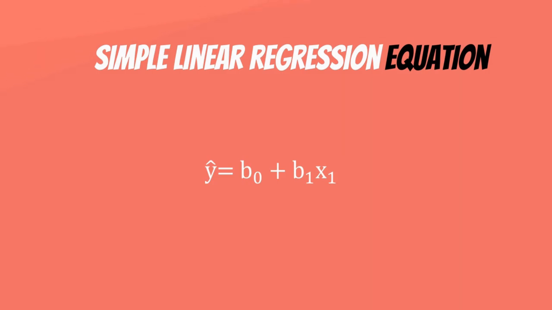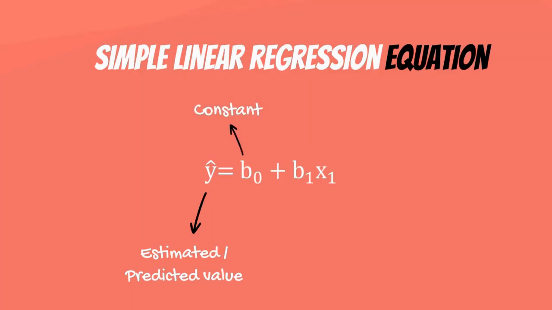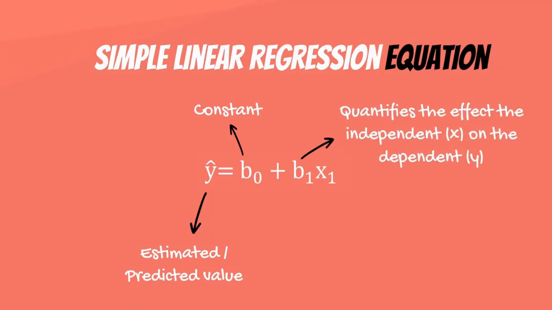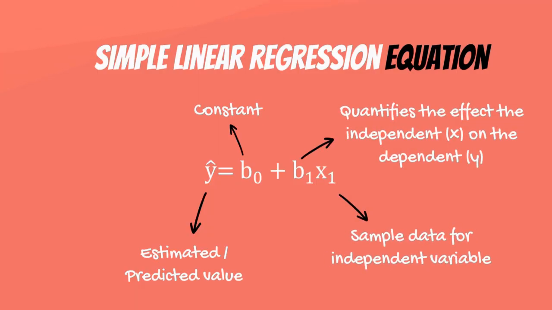You heard right. The y here is referred to as y hat. Whenever we have a hat symbol, it is an estimated or a predicted value. b0 is the estimate of the regression constant beta 0, while b1 is the estimate of beta 1, and x is the sample data for the independent variable.